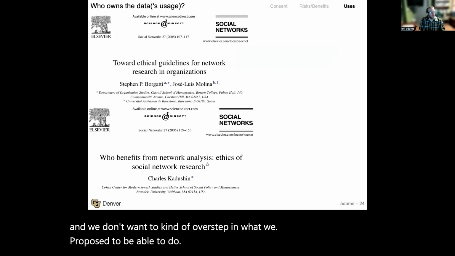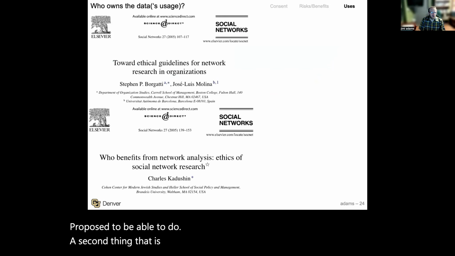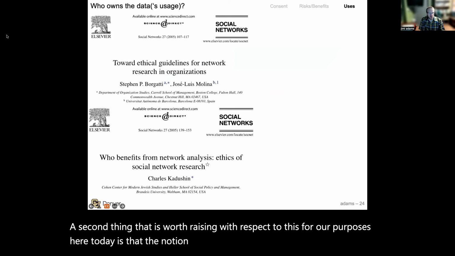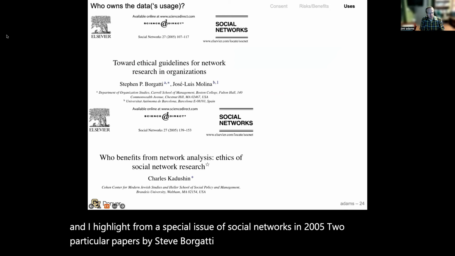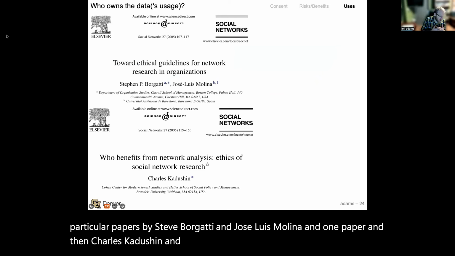A second thing that is worth raising for our purposes here today is the notion of who owns the data that we collect. And I highlight from a special issue of Social Networks in 2005, two particular papers, by Steve Borgatti and Jose Luis Molina in one paper, and then Charles Kadushin in another, that provide a set of standards for how they engage in organizational research.